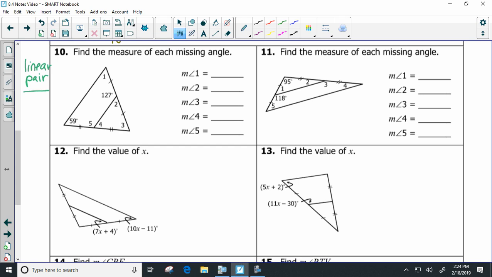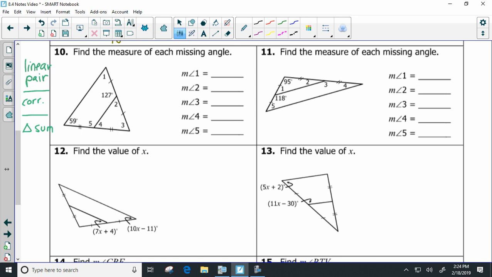I'm going to be looking for corresponding angles. Corresponding angles are congruent. And I'll be looking for the triangle sum theorem, meaning that the three angles of any triangle have to add up to 180 degrees. All right, so with that being said, it says find the missing angles.